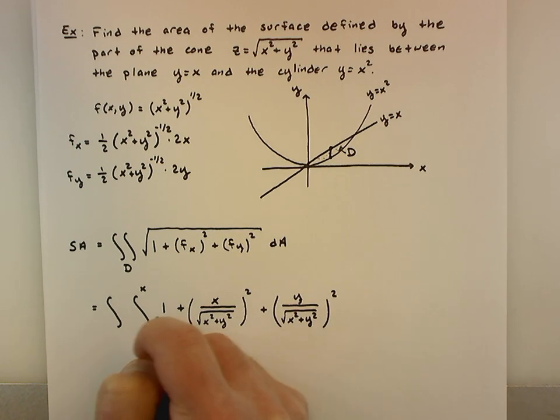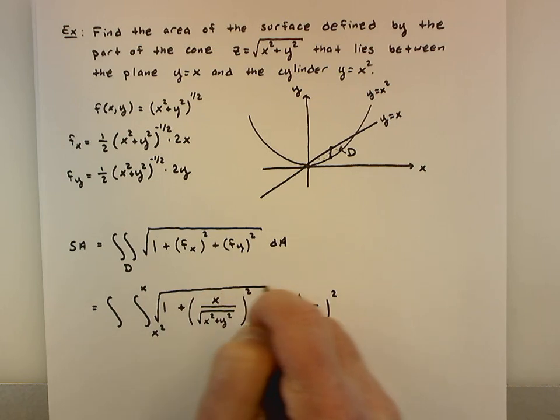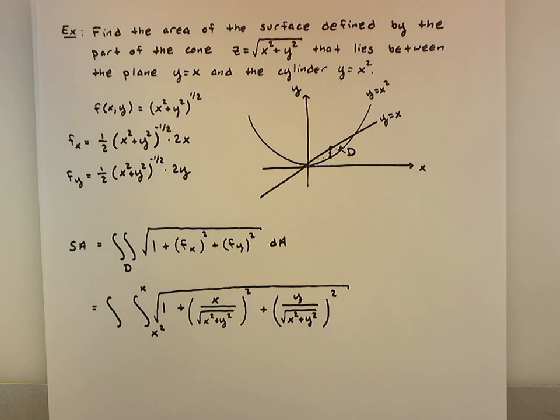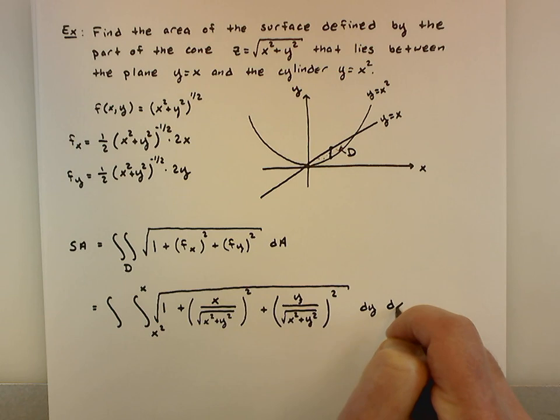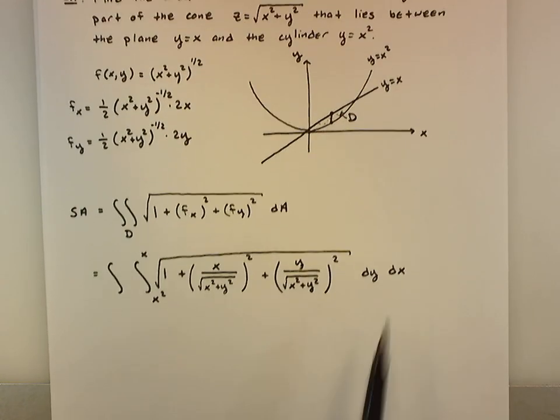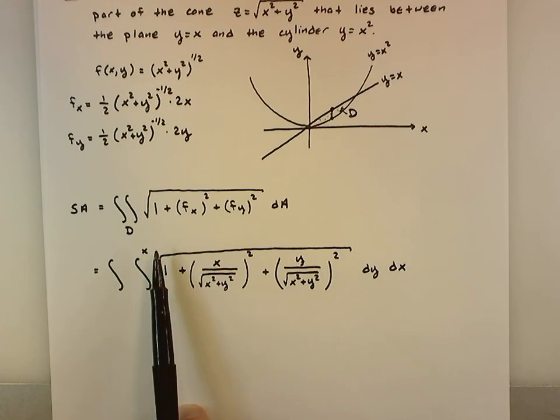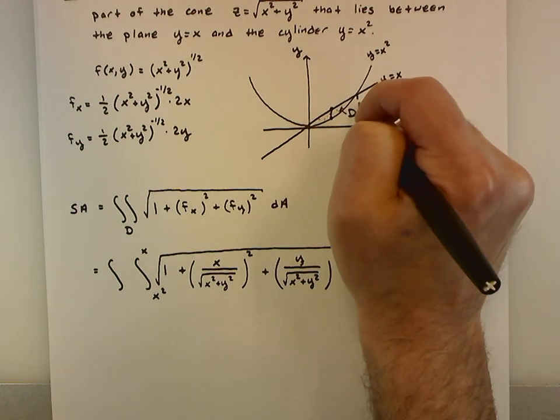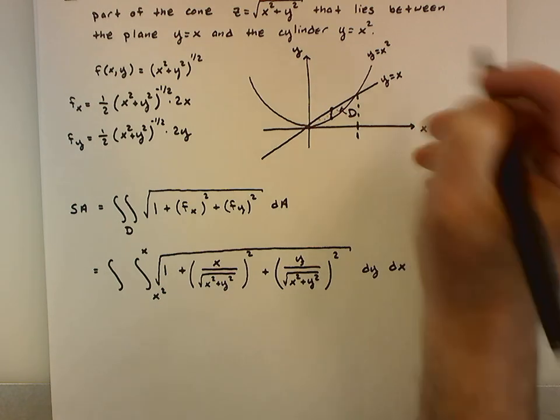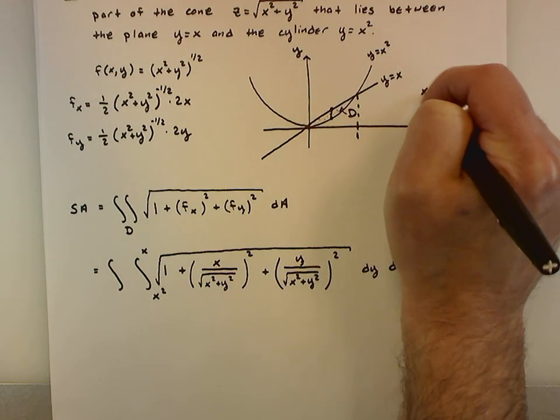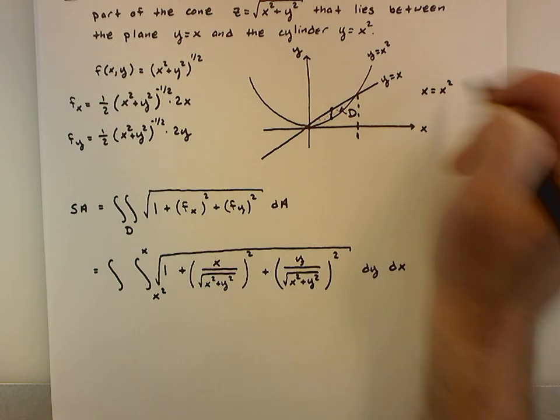This quantity gets squared. I have to simplify that inside a square root, and I'm integrating with respect to y first, and then with respect to x. So y goes from x squared to x, and x goes from 0 to 1. If I look for the intersection point, I set x equal to x squared.